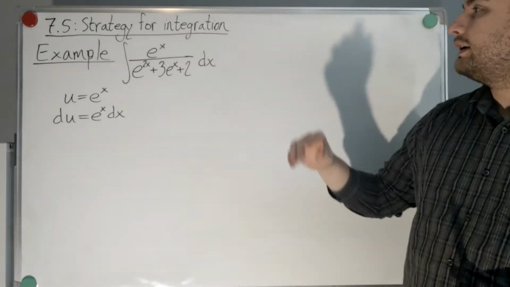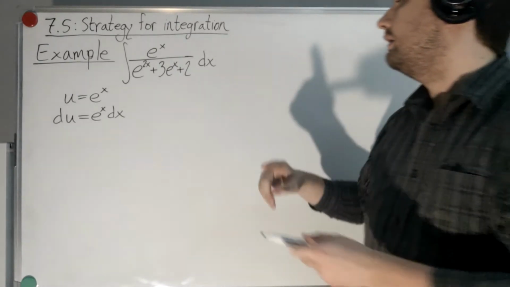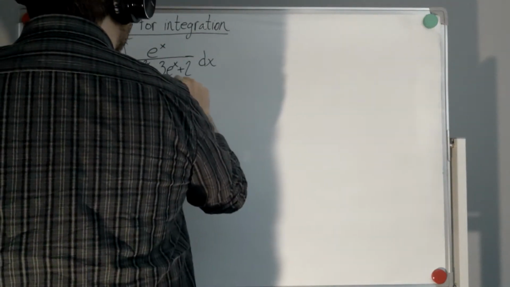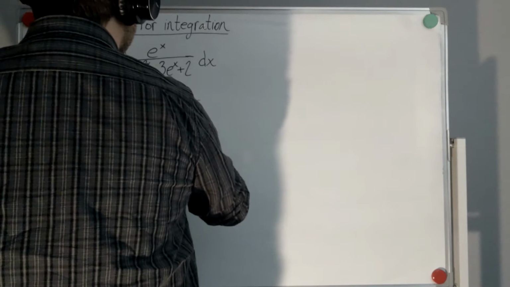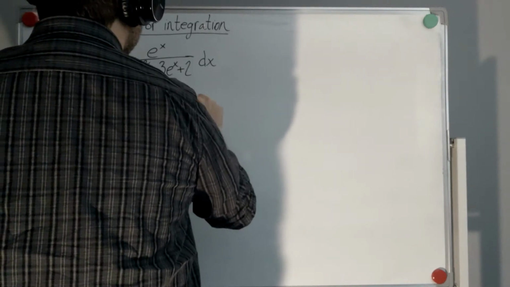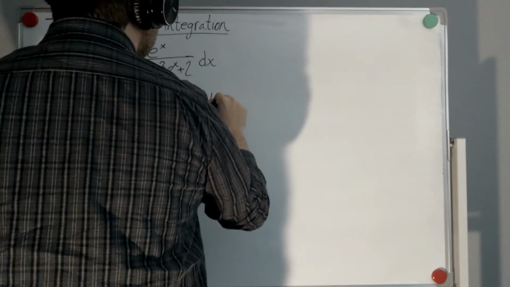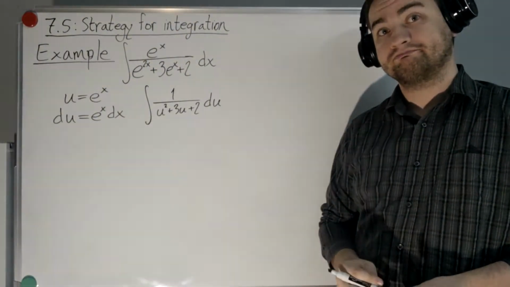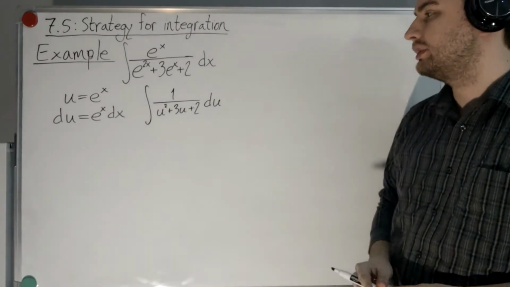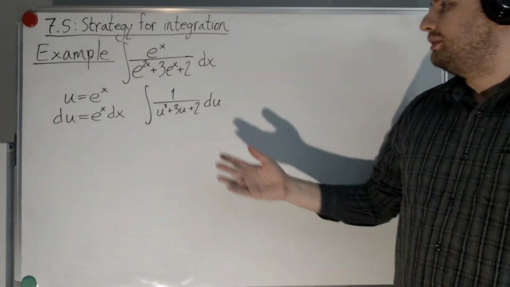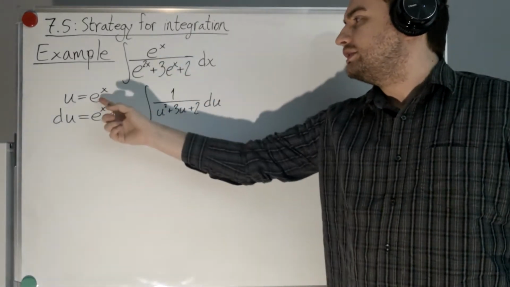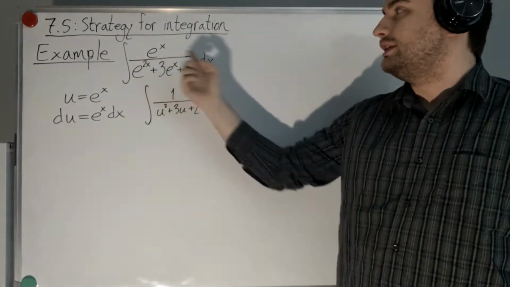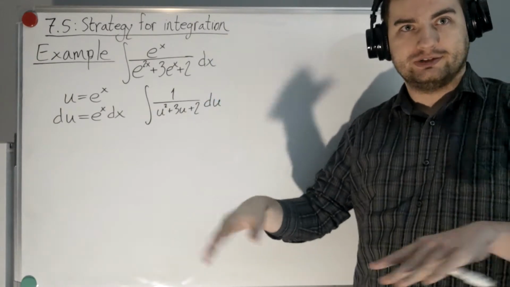All right, so then in that case, what we're looking at here becomes the integral of 1 over u squared plus 3u plus 2 du. All right? Because again, yes, e to the x is u, and that's on top, but also e to the x dx is du. So we could just absorb that into the du.